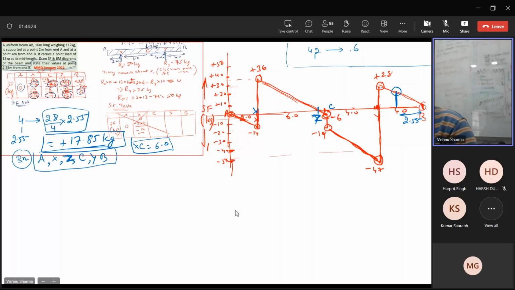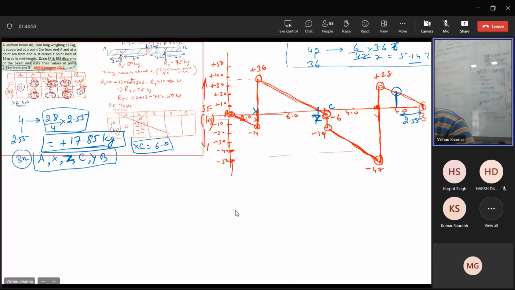That means 1 unit changes over 6 upon 42. And if it has to go from 36 to 0, then over how much distance will 36 units change? This is 5.143.